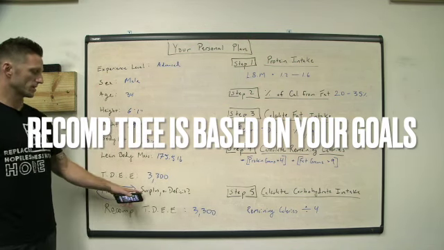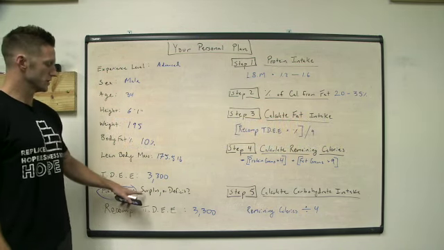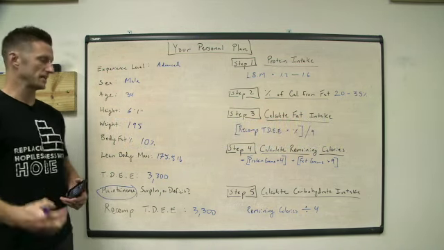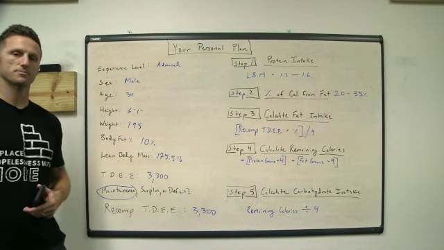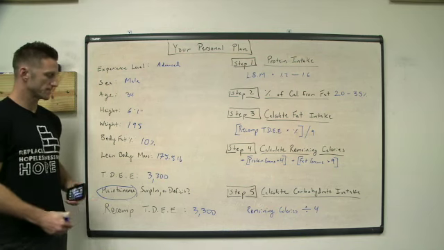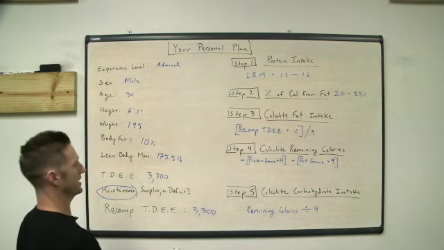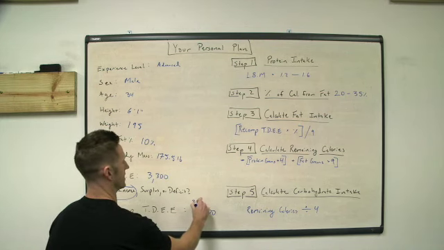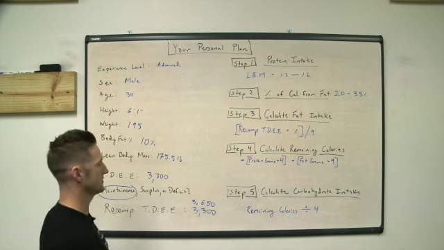But let's say I wanted to put on a little bit more muscle. Well, then I'd need to be in a surplus most likely. So remember, a surplus means that we're eating higher or more calories than our total daily energy expenditure requires. So in this case, I would put a 350 surplus on top of my total daily energy expenditure, which would give me a number of 3,650 calories.